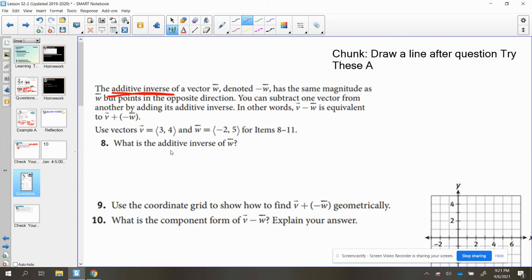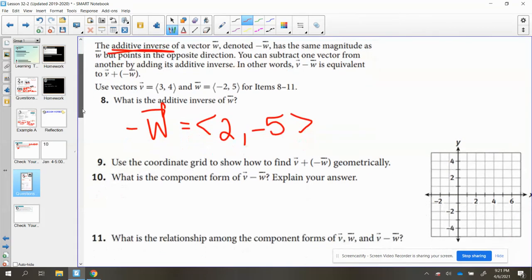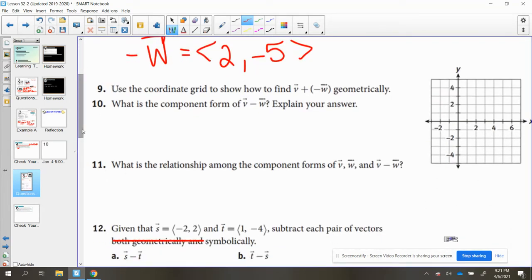If we're talking about vector W, the additive inverse of W is going to be the opposite signs of what W was. So instead of being -2 and 5, it's now +2 and -5, thinking about what would equal it back out so that it's equaling 0. Or think of it as distributing a negative.